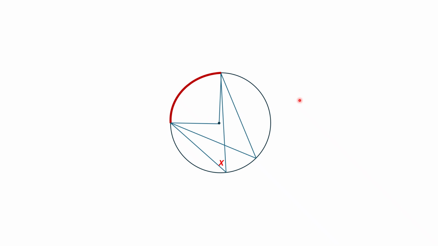Now let's have a look at an example. If we have 55 here, what's x and what's y? Looking at the first theorem, x and 55 are sharing the red arc, so x is just 55 and y is going to be double of 55, so it's 110.